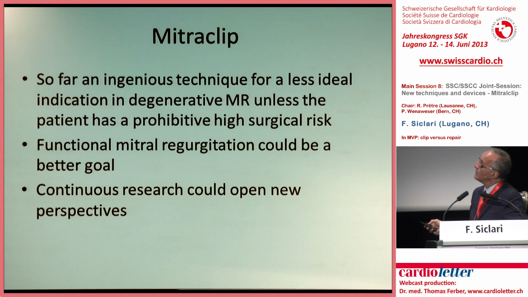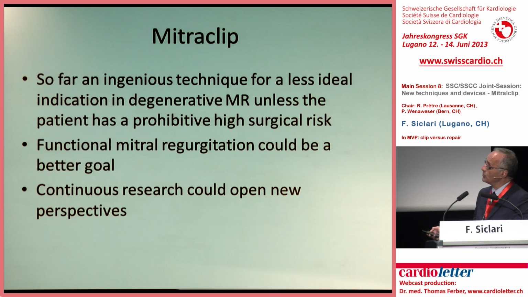But anyway, the mitral clip is so far an ingenious technique for a less than ideal indication in degenerative mitral regurgitation, unless the patient has a prohibitive high surgical risk. Functional mitral regurgitation could probably be a better goal, and I agree completely with the cardiologist who just said that there is a very special indication for the use of Mitraclip.